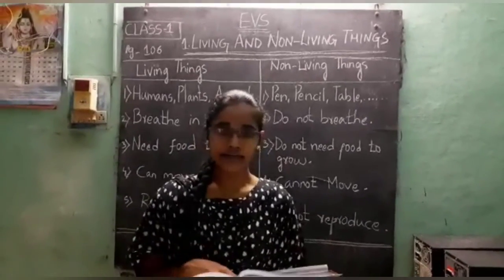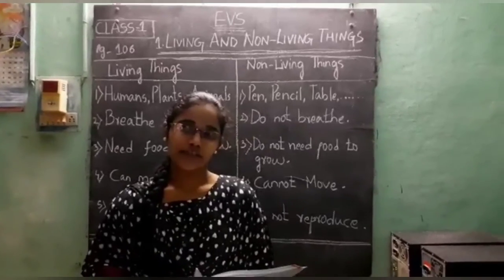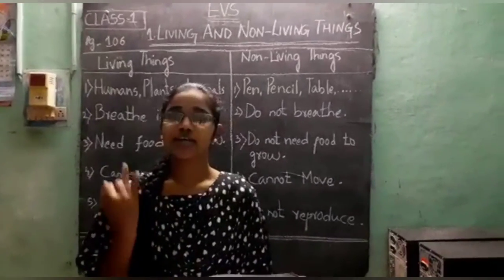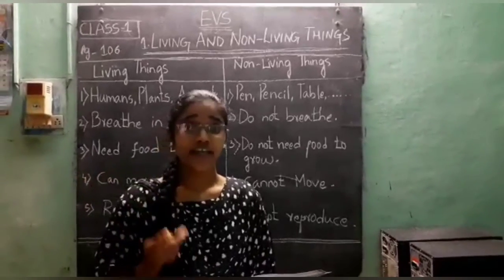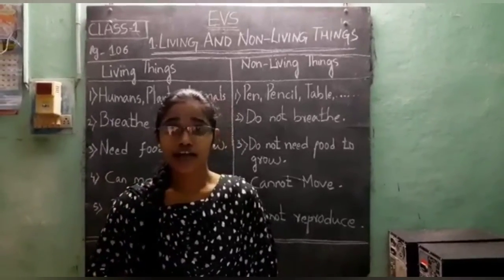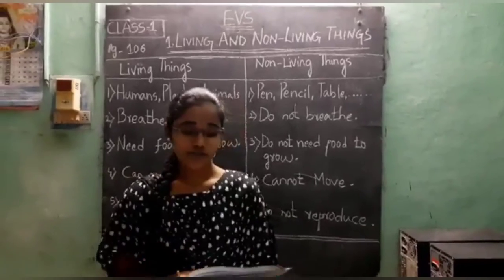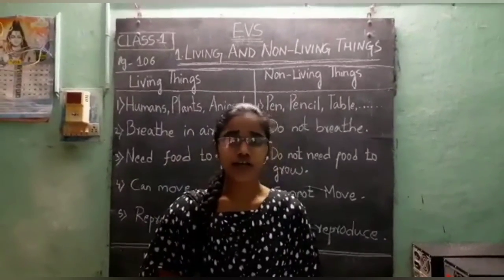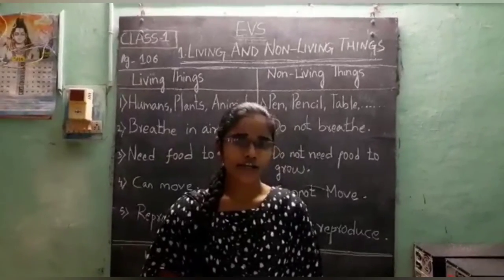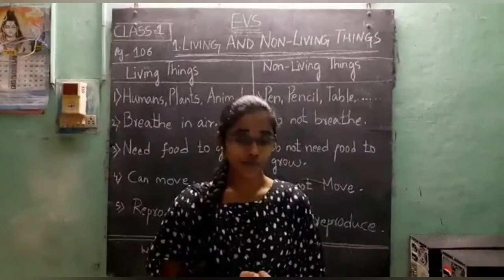Now what are animals? Animals: cat, dog, leopard, lion, tiger, etc. So these are animals. You have learnt this in your UKG, right? What are animals? What are plants? I hope you learnt it.